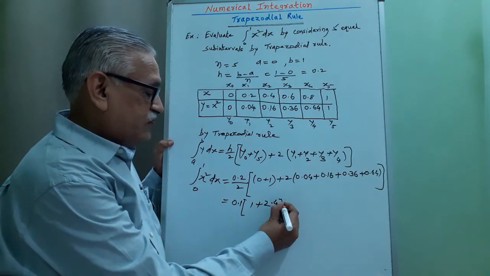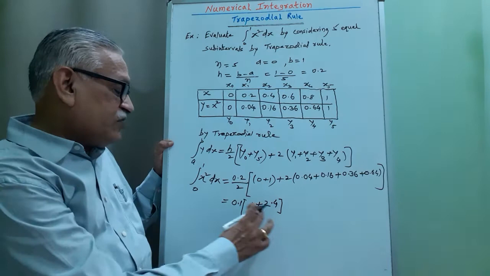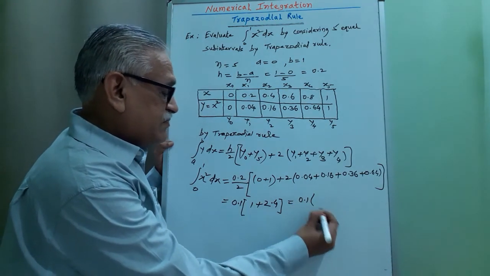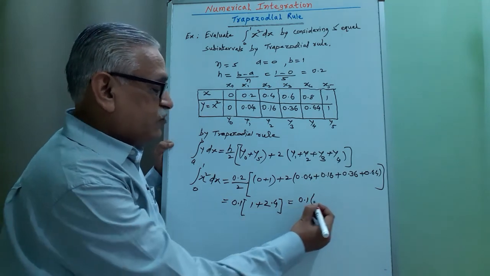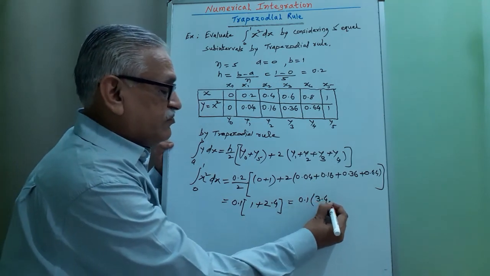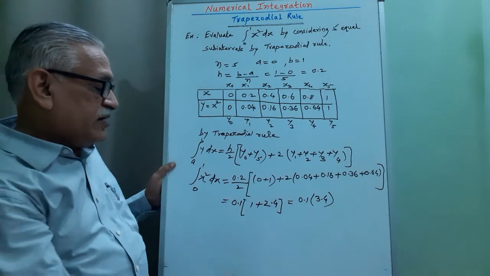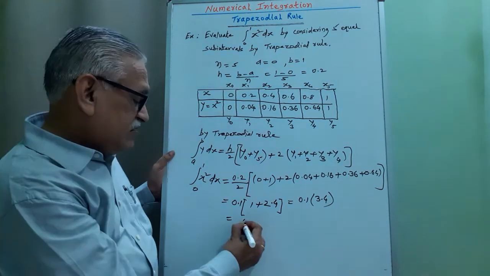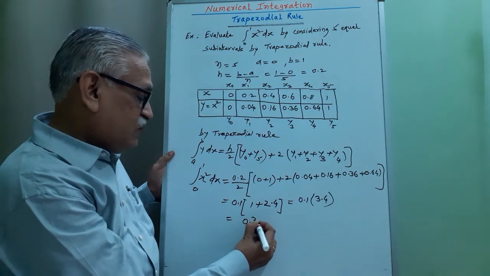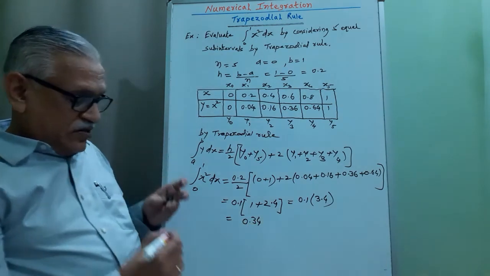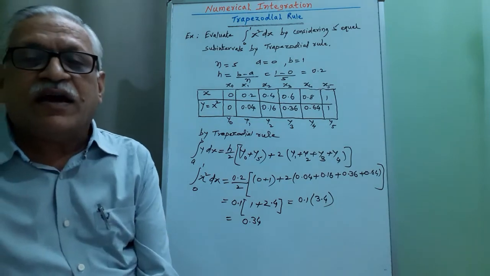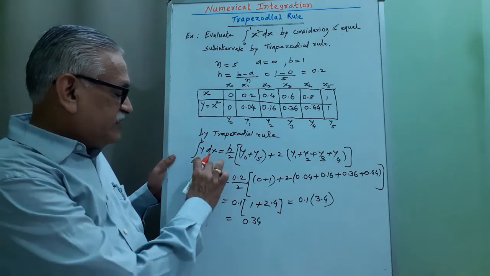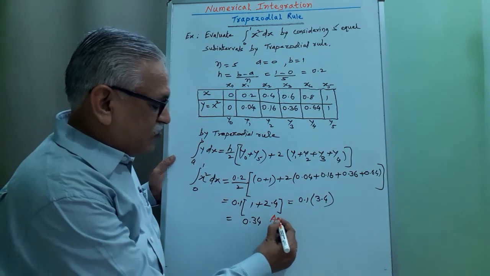Then addition of this, we get 0.1 multiplied by 1 plus 2.4, we get 3.4, and therefore 0.34 as the value of that integration between limit 0 to 1 by trapezoidal rule.